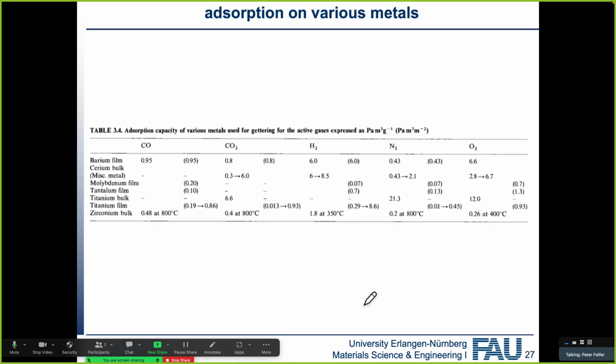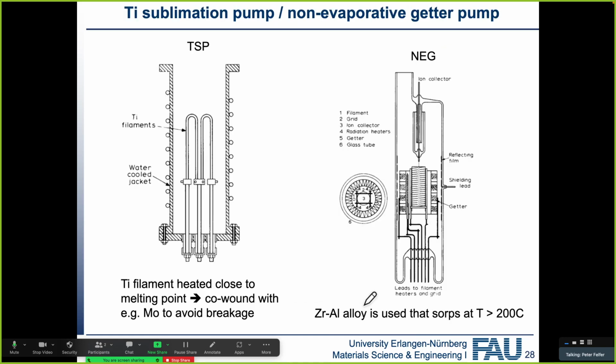Typical sorption pumps that we have are either titanium sublimation pumps. What we do here is we have a titanium filament, and we just have titanium sublimating from some hot titanium wire, and then resubliming onto some cold surface. A cold surface can be room temperature, or can be liquid nitrogen cooled, or can be water cooled, depending on whether you just want to intermittently do that or continuously operate it.